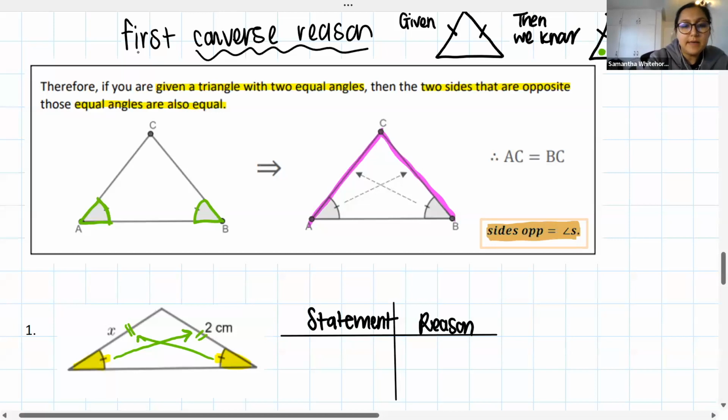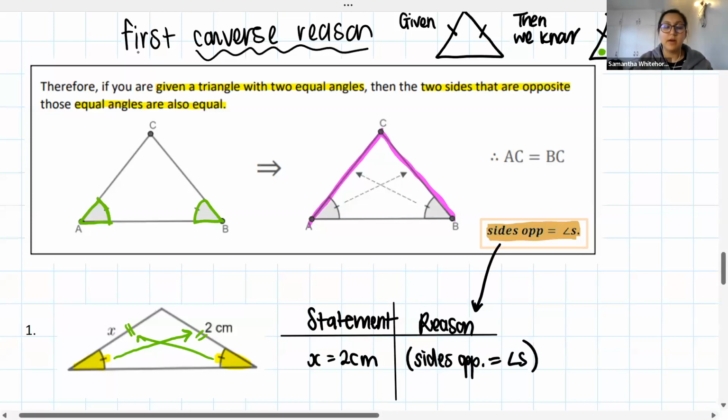So I can immediately go and say x is equal to 2 centimeters. And now my reason, be careful, it is because the sides are opposite equal angles. And that's it, right? So as long as we can identify our equal angles, we can then go and say that the sides opposite them are equal.